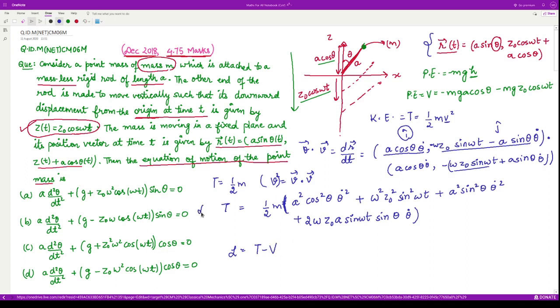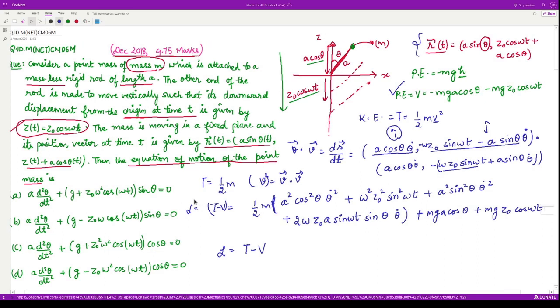So this was our t minus our v. And what is v? V is this quantity. So minus and minus, it would become plus mga into cos of theta, and then plus mg into z naught cos omega t. So this is the corresponding Lagrangian function.